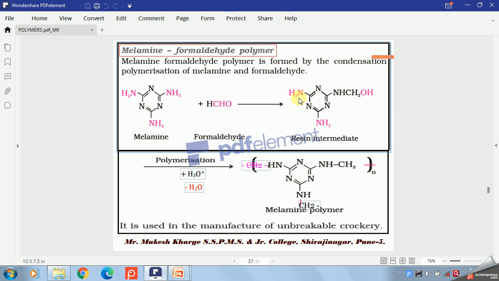So this OH and this hydrogen from the second molecule are removed as water, and there is a linkage NH-CH2-NH, and the same molecule gets repeated. In this way there is a repetition, and that polymer is called melamine polymer. It is used in the manufacture of unbreakable crockeries, and it is a cross-linked polymer. It is also a thermosetting polymer like your Bakelite.